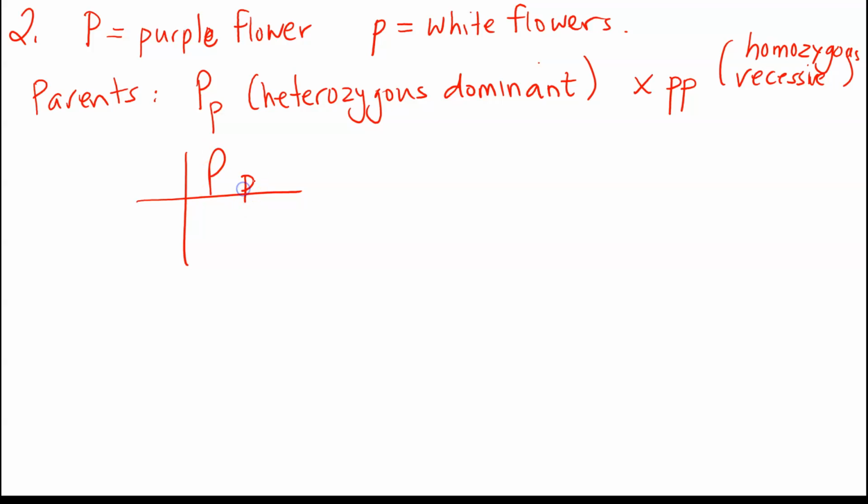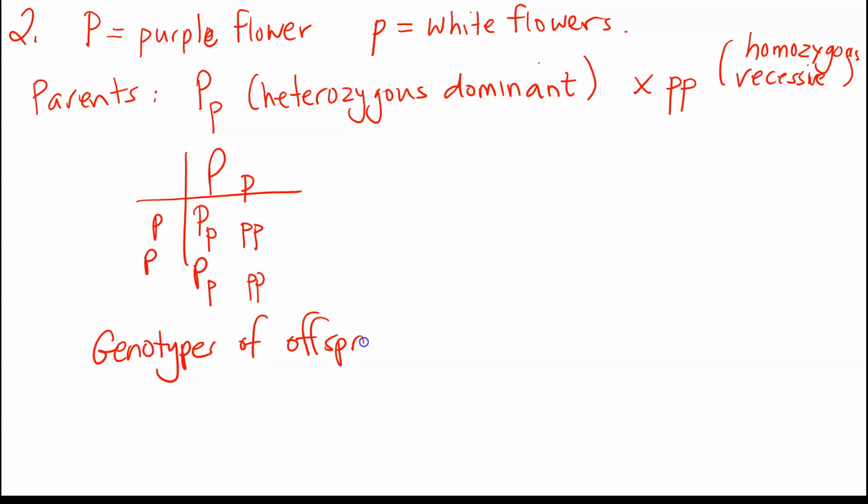Okay, so we would do a Punnett square again. Big P, little p, that's one parent. Little p, little p, that's the homozygous recessive parent. We do the Punnett square. So the genotypes of offspring is going to be 1 big P, little p to 1 little p, little p.